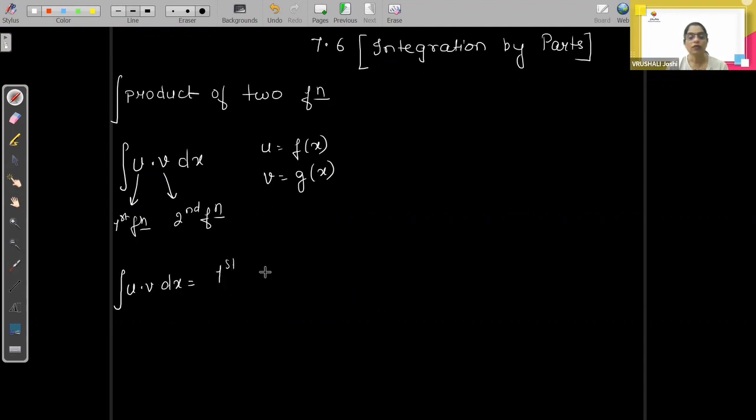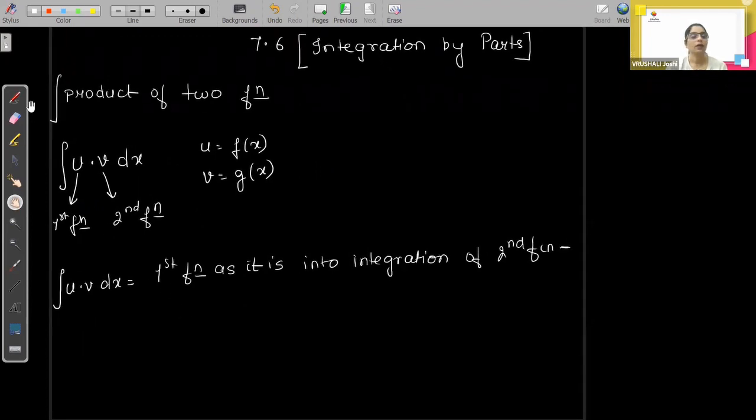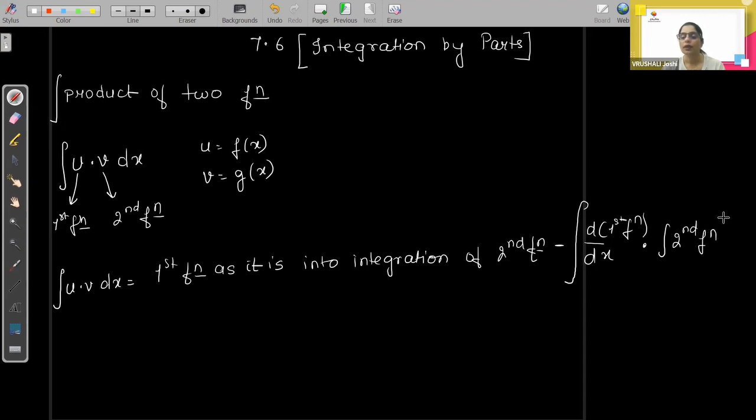Okay, it is first function as it is, into integration of second function, minus the whole integration of derivative of first function into integration of second function, correct, इसका आएगा whole dx.